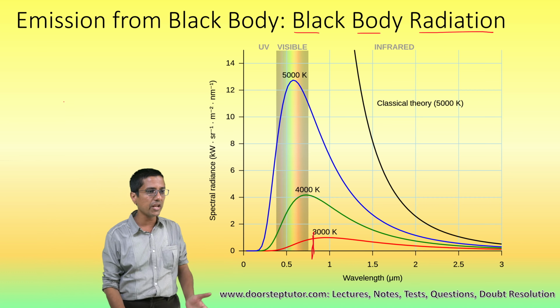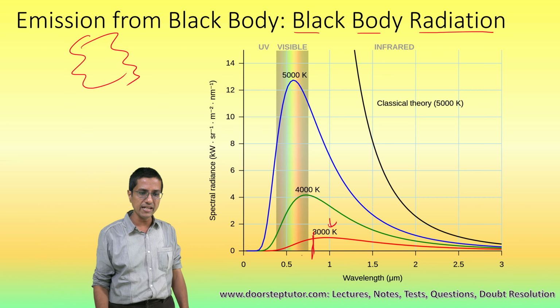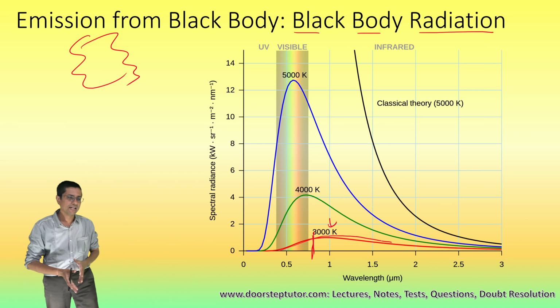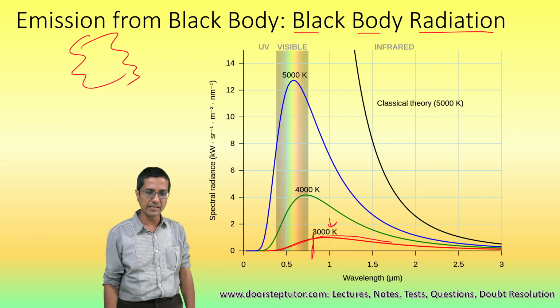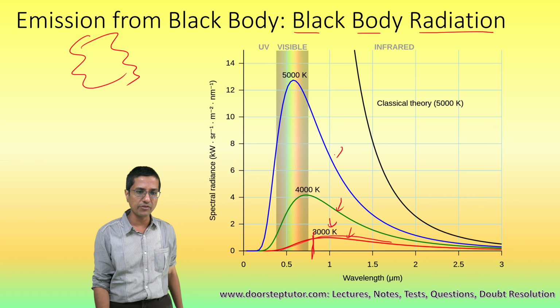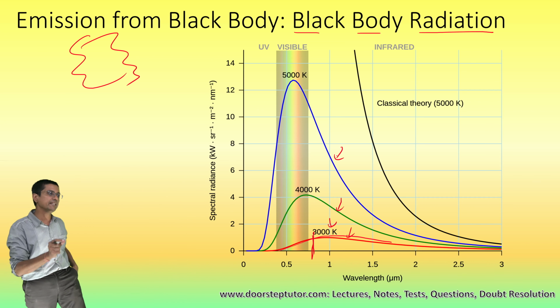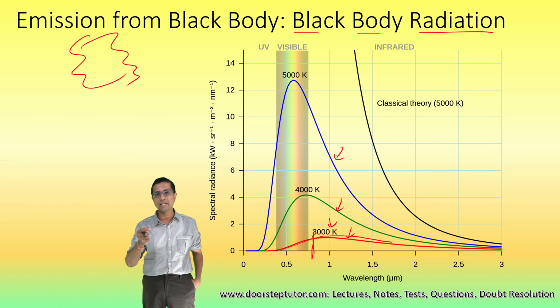No matter what the shape of the black body is, if I take it to, let's say, 3000 Kelvin, this is the kind of radiation profile you would get at each wavelength. At 4000 Kelvin, this is the graph that you will get. At 5000 Kelvin, this is the graph that you will get for the radiation from an ideal black body.